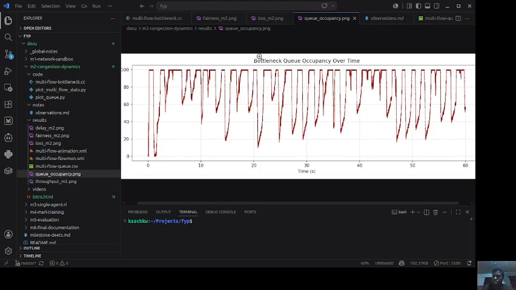Imagine my multi-agent reinforcement learning agents learning to keep that queue at, say, 20 to 30 packets instead of bouncing between 0 and 100. They could still achieve near that 10 Mbps throughput because the bottleneck is being fully used.